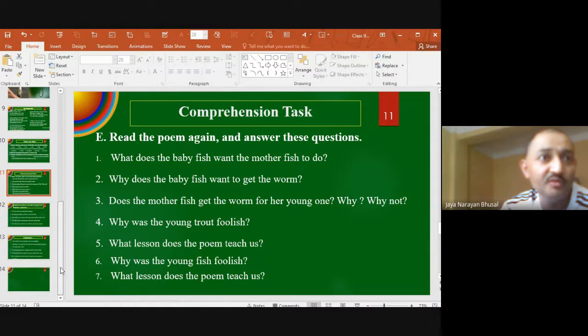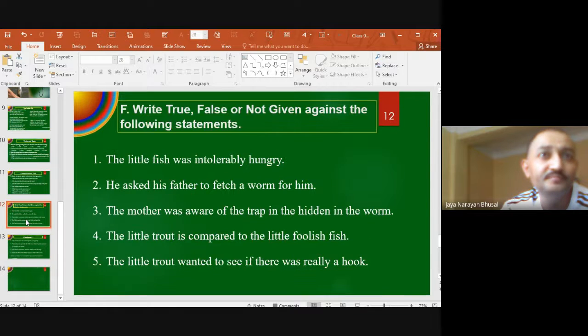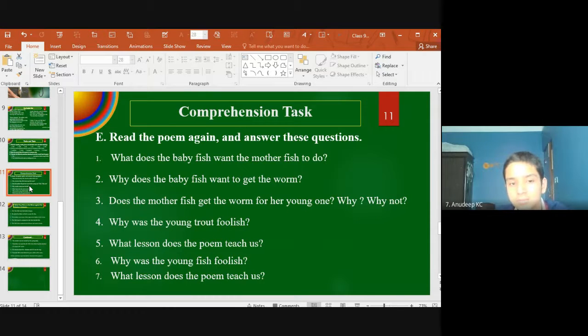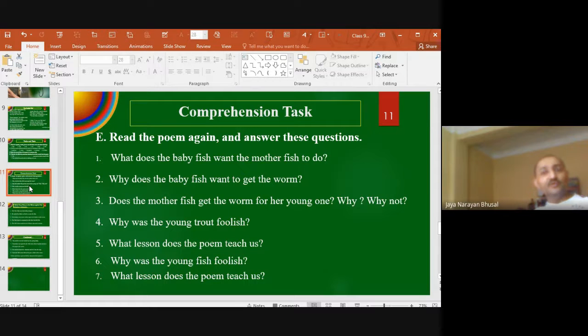The tasks and the test are not in the book that you gave us, so you just do these questions, only the comprehension task. You don't have to do the others. Others I'll give you as a test on the Google form later.